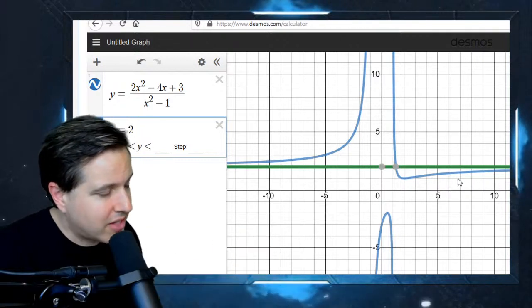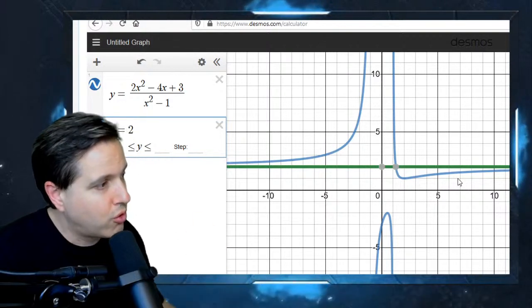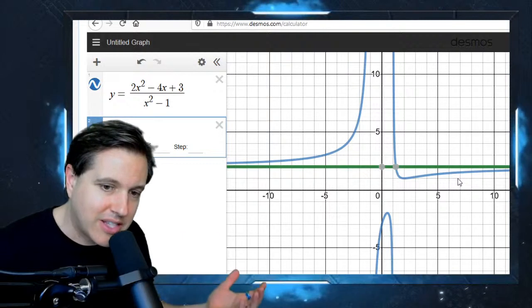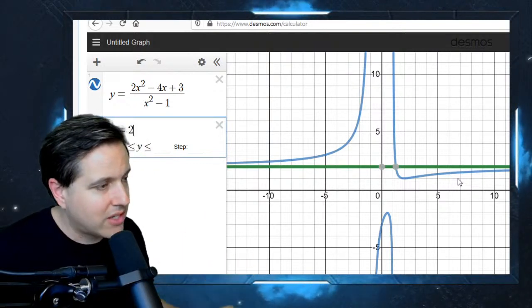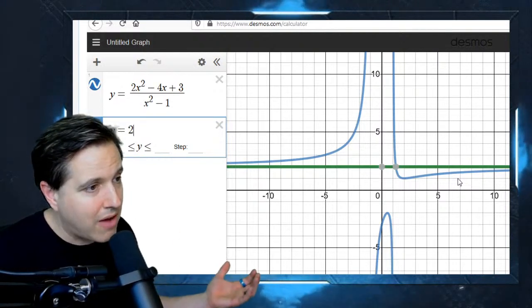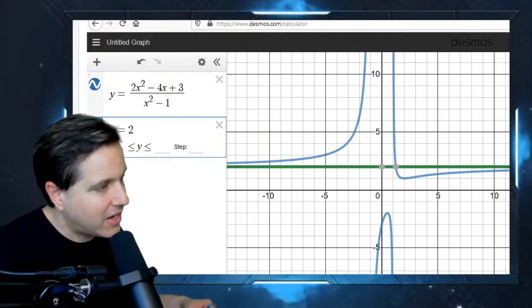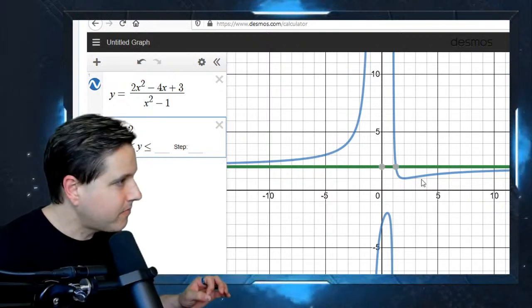It's never going to cross that green line. It's just always getting infinitely closer to the green line, but never actually touching it. So when we say the function can't cross a horizontal asymptote, horizontal asymptotes are really only important on the ends of the graph, the end behavior. That's really where we're saying it can't touch. It's a minor point, but sometimes people get confused about that.